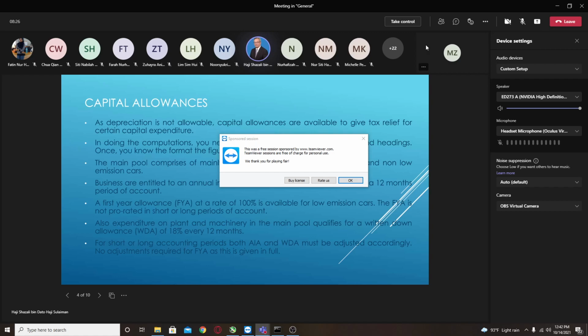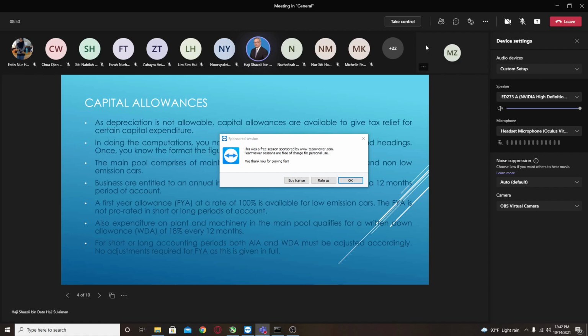The most important thing to remember is that for short or long accounting periods, both the annual investment allowance and the written down allowance must be adjusted accordingly. So if it's only a 9-month period, then you reduce the amount by 9/12. If it's an 18-month accounting period, then you increase the figure by 18 divided by 12.